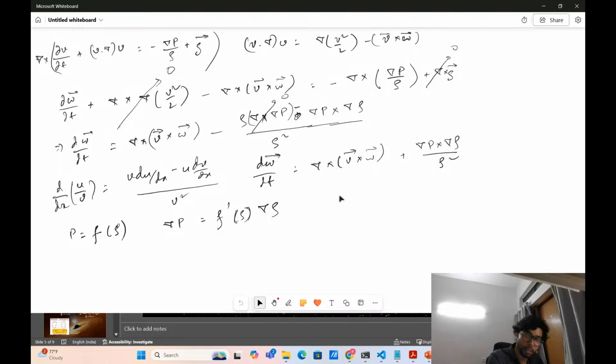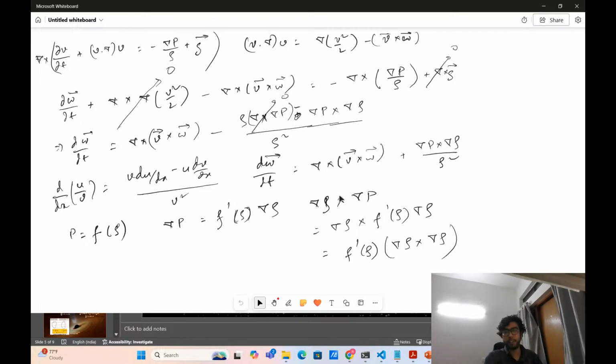So that is del P. Now, if you have del rho cross del P, this term will become del rho cross F dash rho del rho, right? So F dash rho is just some function, right? You can just take it out and you have del rho cross del rho.